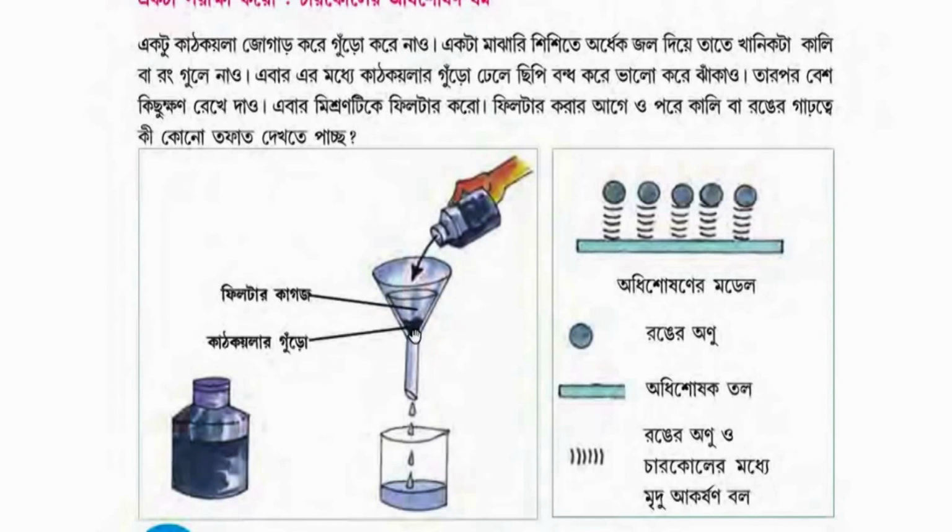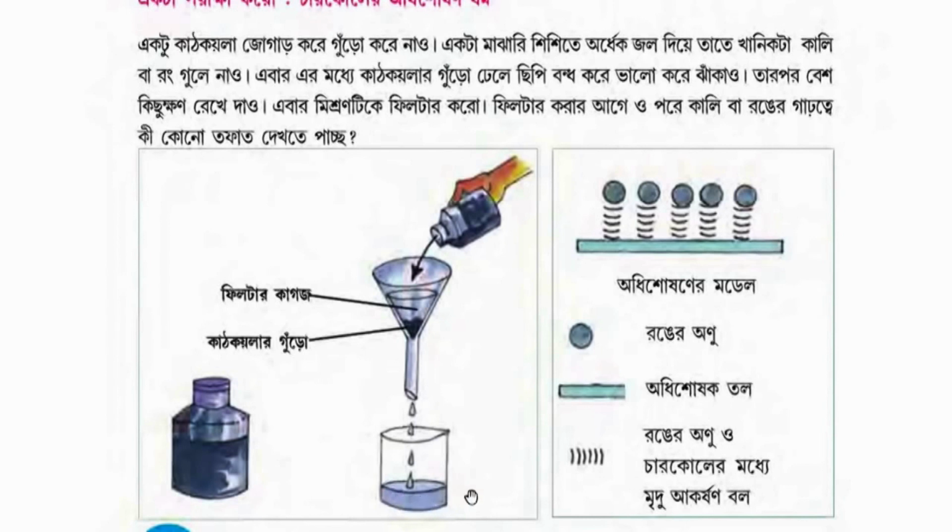There is a filter paper and some activated charcoal dust is put in this filter paper, and when ink is poured, the water part of this ink is allowed to come at the bottom. The blue color of the ink has faded very much. It is very dark blue in color, and when it passes through the charcoal block, it is almost transparent.